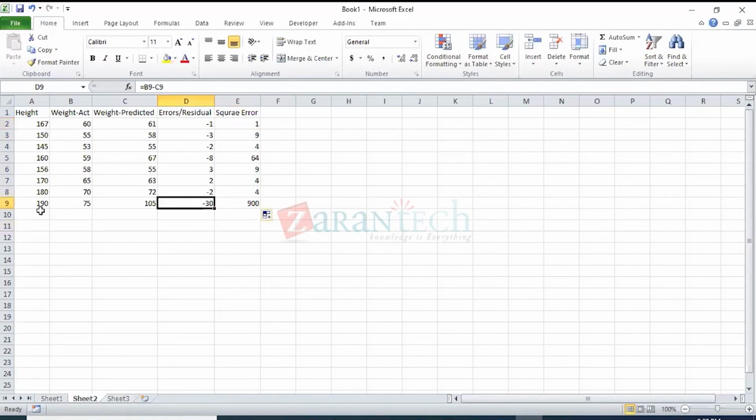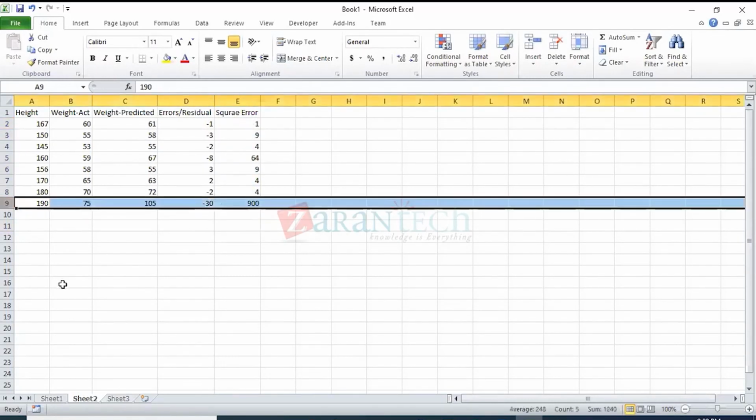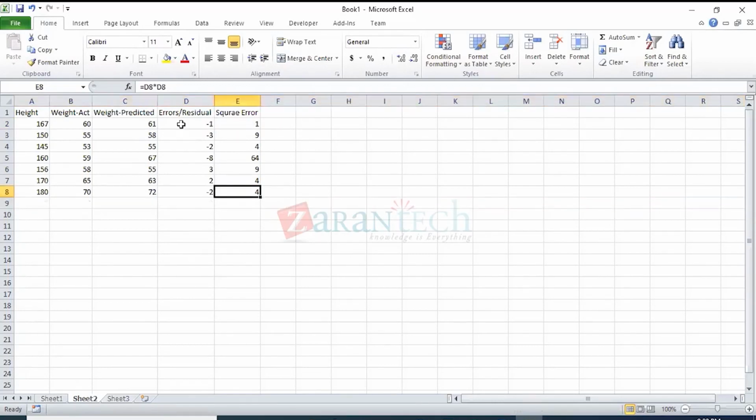What I have done is I've just squared the errors. These are my residuals, and this is the square of residuals. Now let's calculate the sum of all these values. So this is my sum, 95. It will keep this value for now.